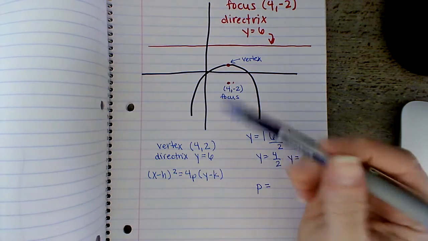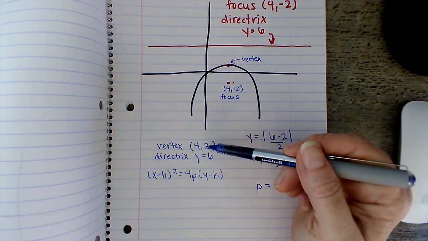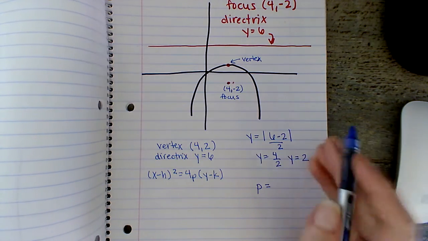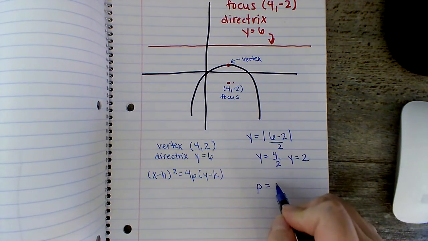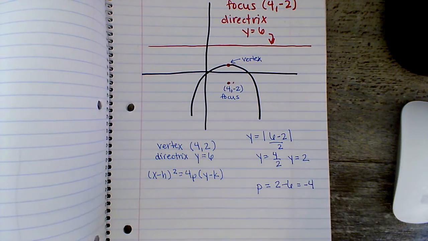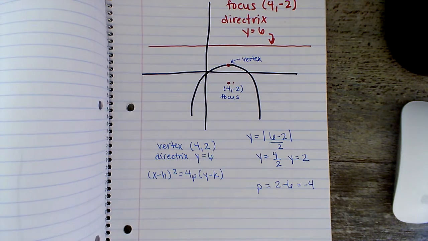I say, well, if I know this is y, then I'm going to use this y coordinate, and I say this minus this, and so I say 2 minus 6, and I get negative 4. Okay, so I take this y coordinate of the vertex and I subtract the directrix. 2 minus 6 equals negative 4.